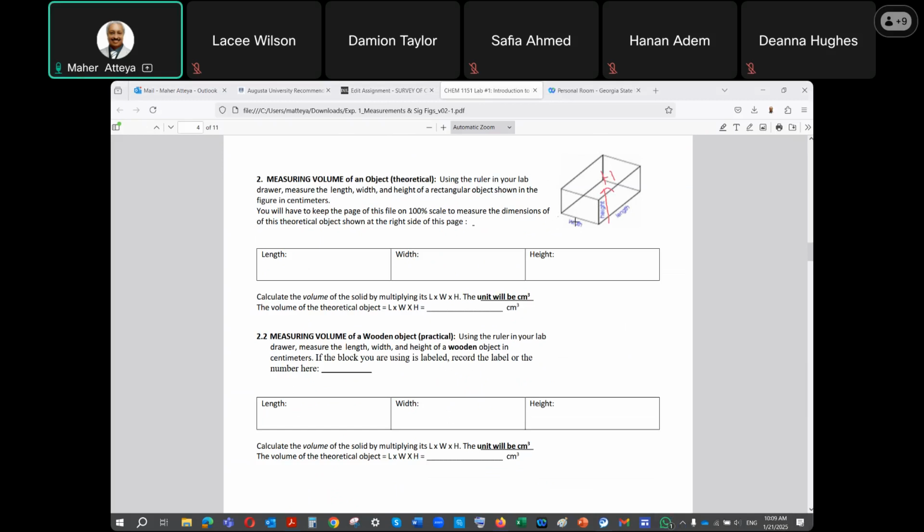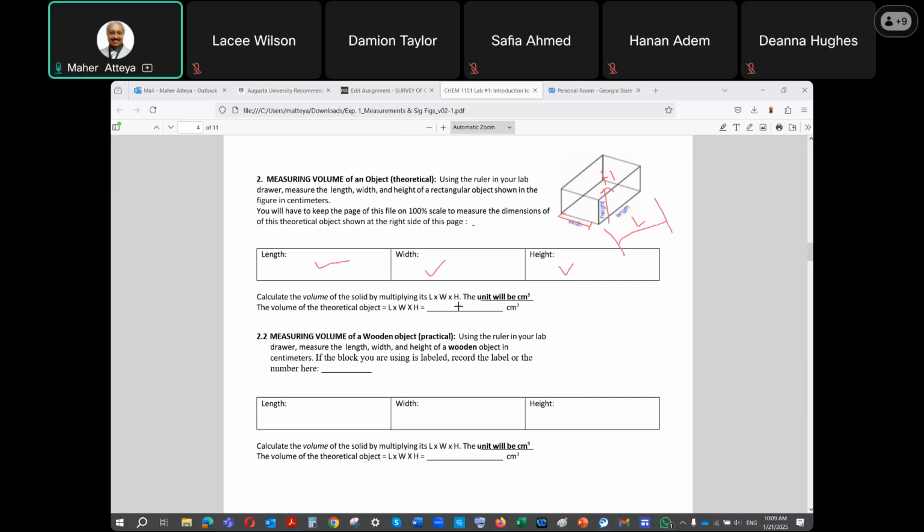This one here is the width, and this is your length. You can see all those are written there already. You measure all those in centimeters.